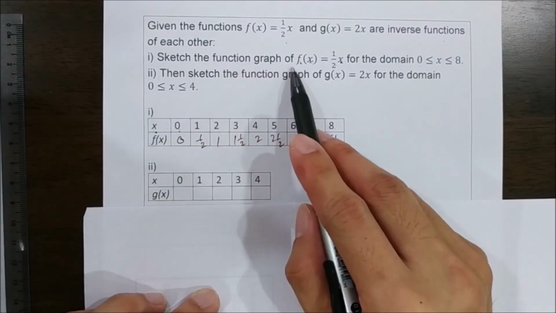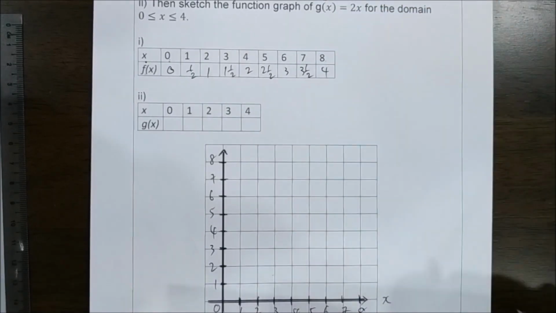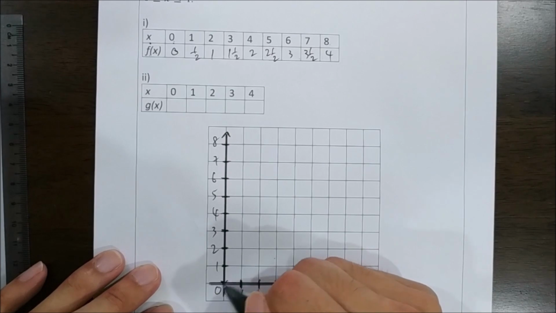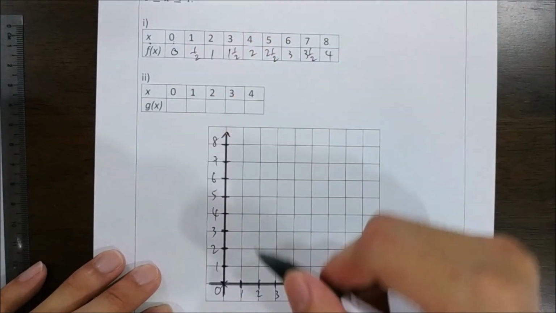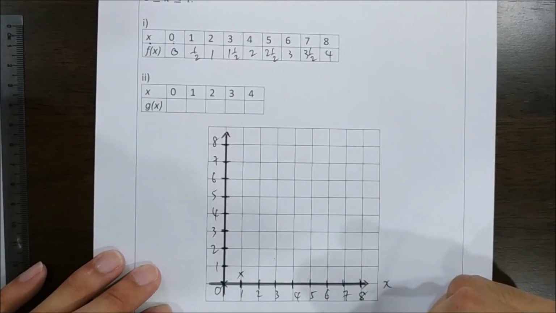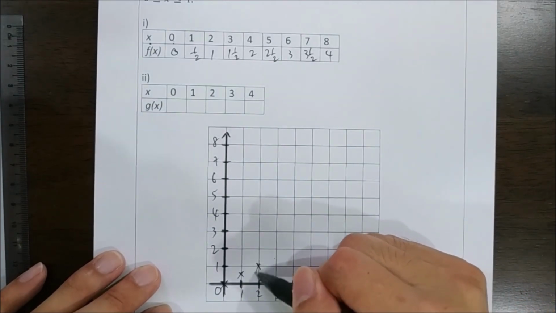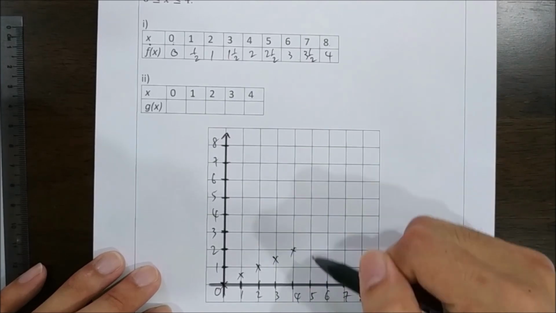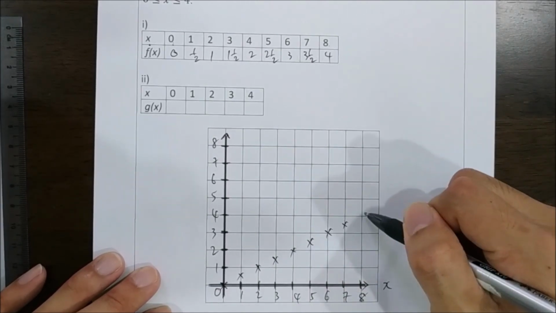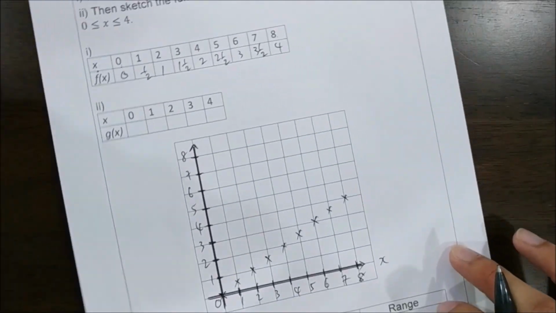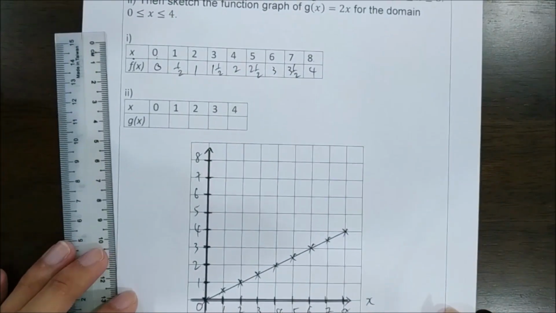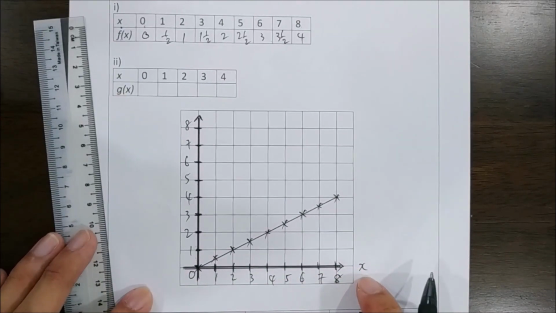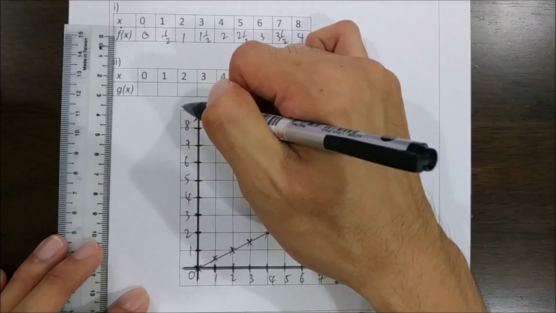Then we sketch the function graph. Okay, we try to sketch it now. 0, 0 is here. 1, 1/2 is here. 2, 1. 3, 1.5. So the x-axis represents the object, the x, whereas the y-axis represents f(x).